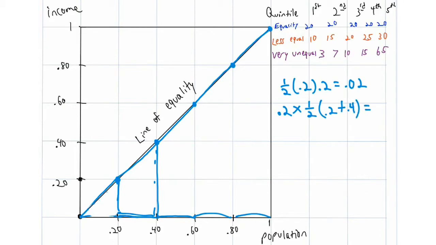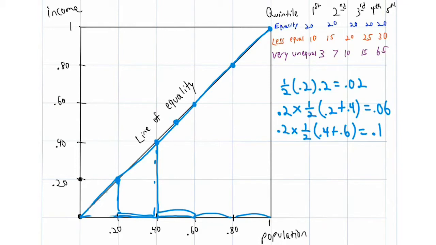So if you work that out, you will get 0.06. Go to the next quintile. Its width is also 0.2, and we're going to multiply that by the average height here, which you can see is 0.5. The way that I would calculate that is 1/2 times 0.4 plus 0.6, and if you crunch those numbers, you get 0.1. Now you may be seeing a pattern.